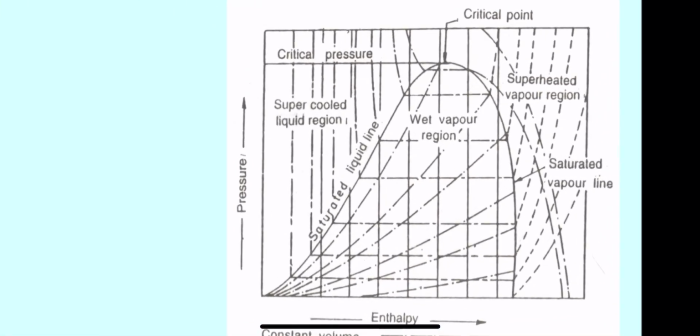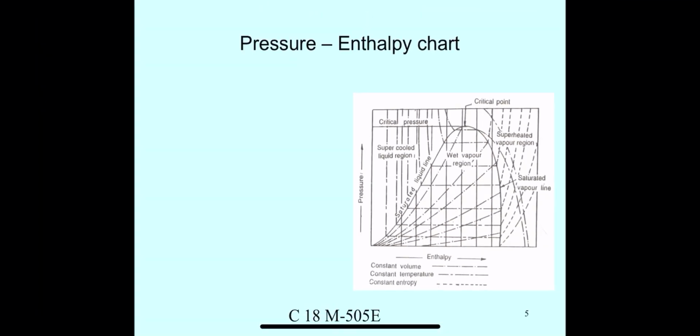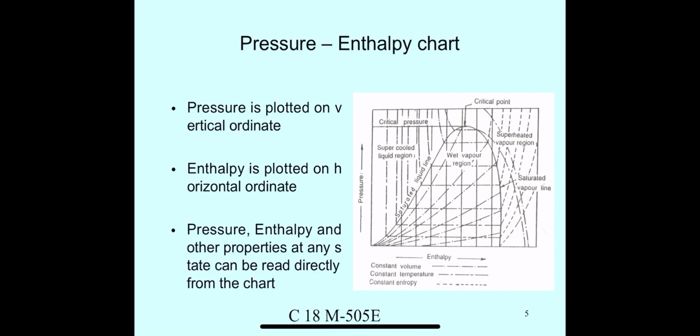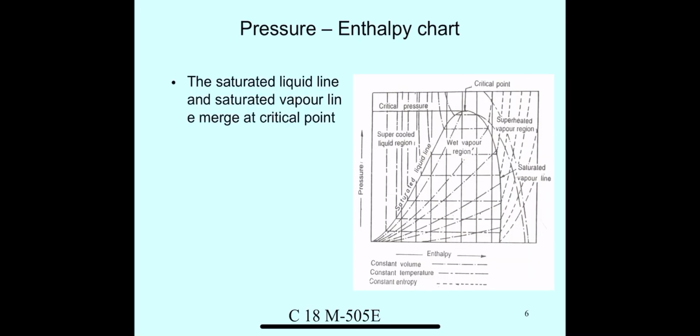See, pressure is plotted on a vertical ordinate and enthalpy is plotted on a horizontal ordinate. Other properties I will read directly from the chart. So the saturated liquid line and saturated vapor line merge at a critical point. These two lines merge at one point, that is called the critical point.